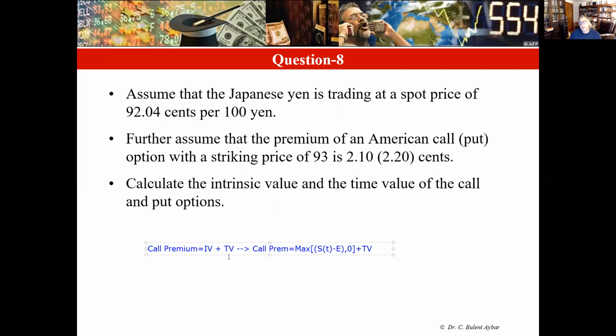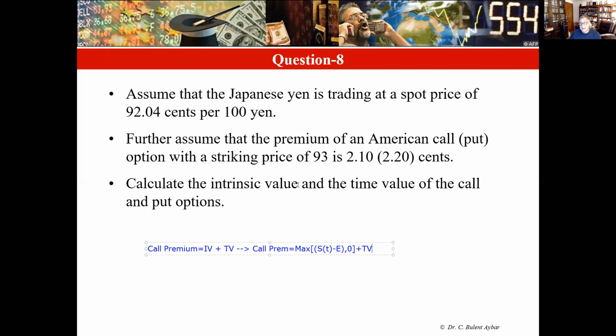Now, what is intrinsic value? What is time value? Intrinsic value is the value of the option, assuming that we exercise the option instantly at that time. So, for instance, at this point, the spot price is 92.04, the strike price is 93. What would be the intrinsic value of the option if we exercise at this point?